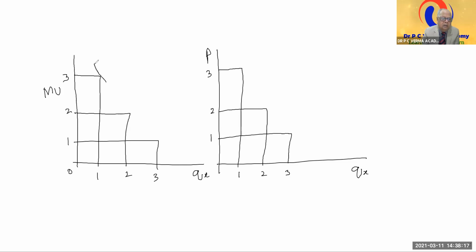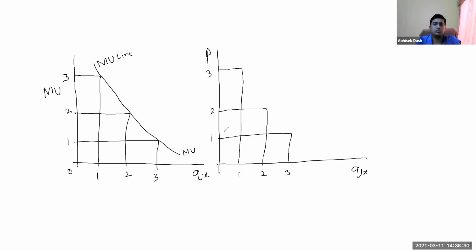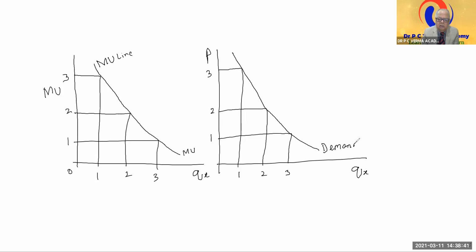If we connect it, it will be the marginal utility line. And if we connect it, it is the demand curve, demand for X.